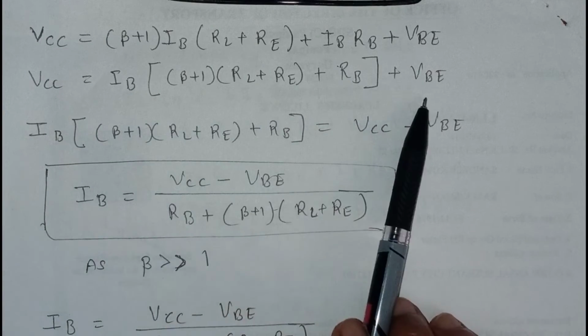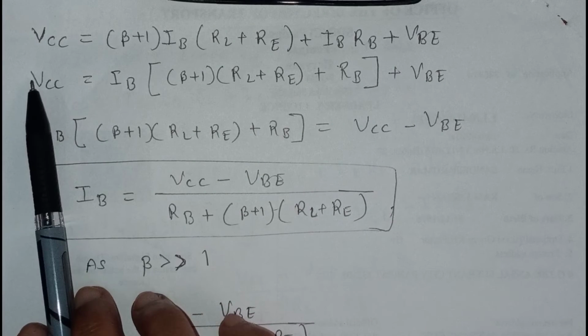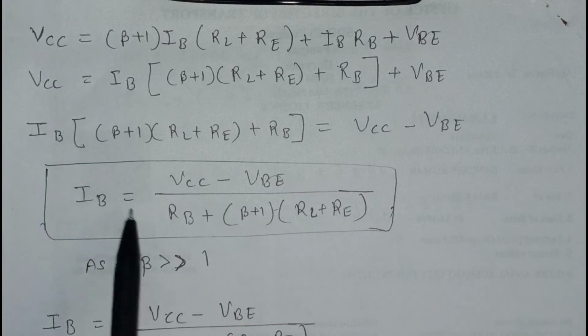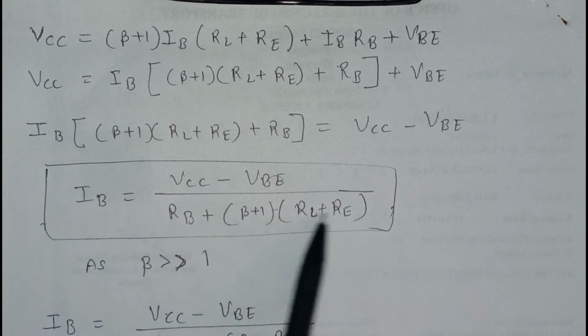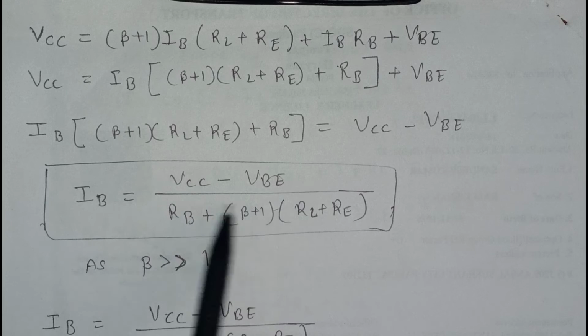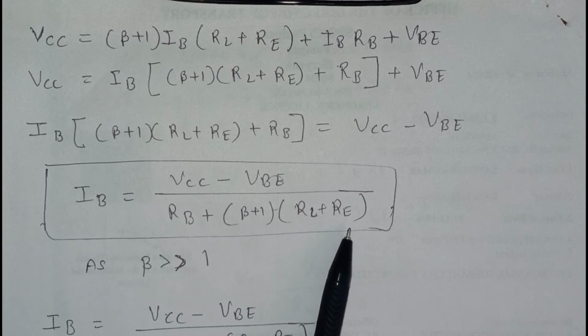Now we will rearrange this equation to find out IB. So we will take this term to this side. So VCC minus VBE. Now we will find out IB and take this term in the denominator. So IB equals to VCC minus VBE upon RB plus beta plus 1 RL plus RE.